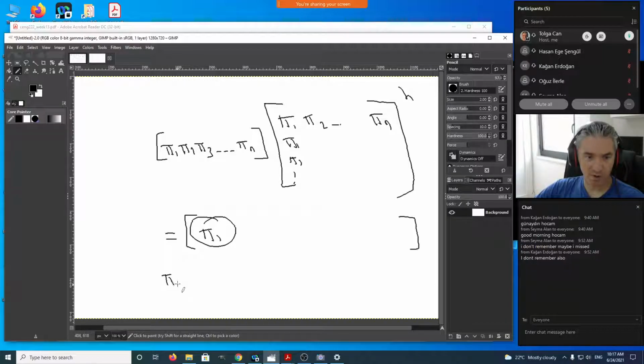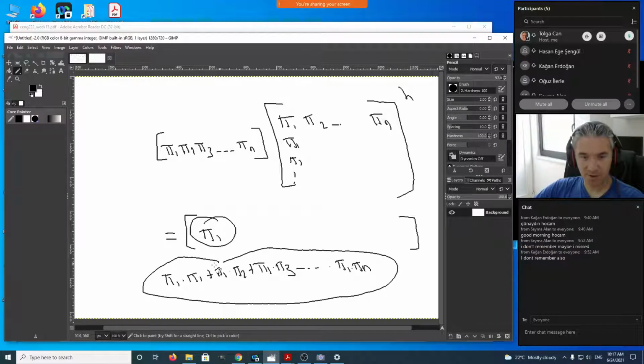It's like pi 1 times pi 1 plus pi 1 times pi 2 plus pi 1 times pi 3 all the way to pi 1 times pi n. So is this equal to pi 1? It should be, right? And yes, it is equal to pi 1.